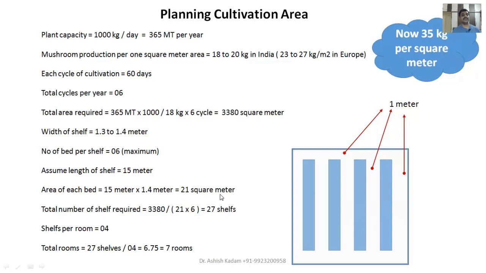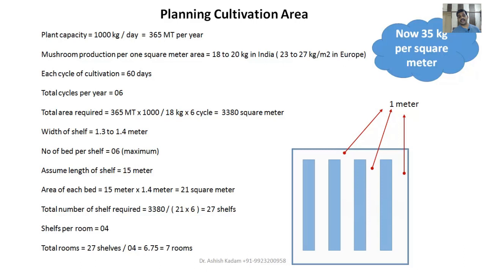So we will require 27 shelves to get 365 metric ton of production in a year. So total shelves you will require are 27, and total shelves per room you can put maximum 4. Now this is not a fixed number. You can even put more than that.